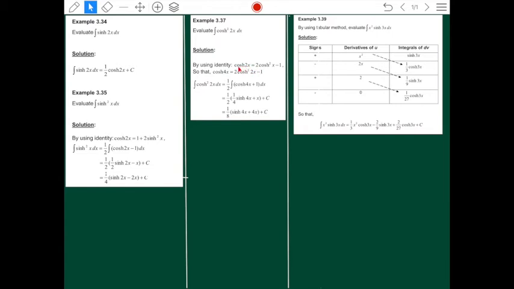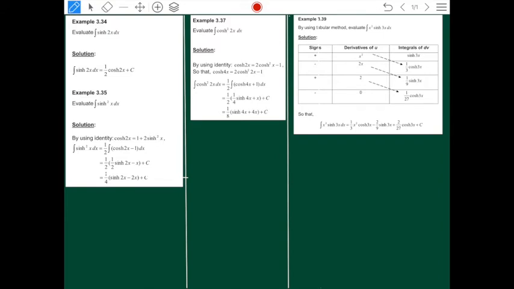This is the original hyperbolic identity. But in the original question we have 2x, so you need to remember to double up. Let me write it down here.